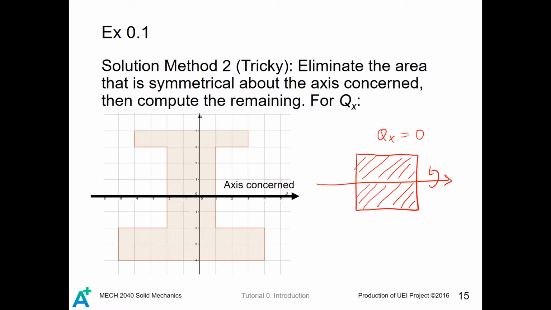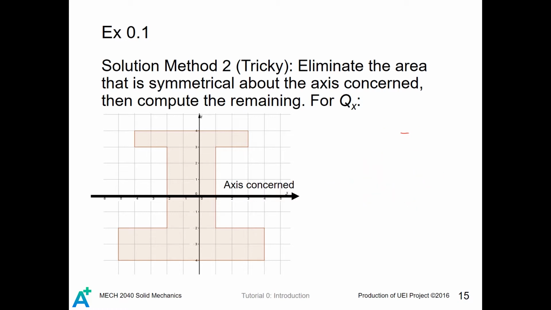Therefore, when we are solving similar problems, we can also try to eliminate the area in order to simplify our calculations. For example, for this I-shaped cross-section, when we are finding the first moment of inertia about the x-axis, this is the axis we concern.